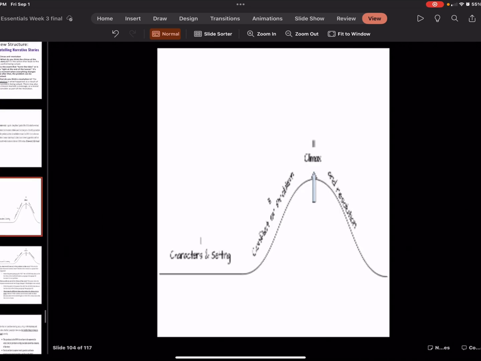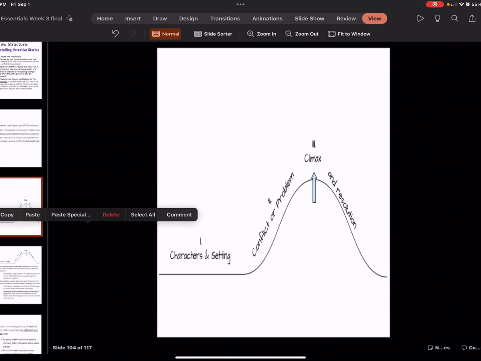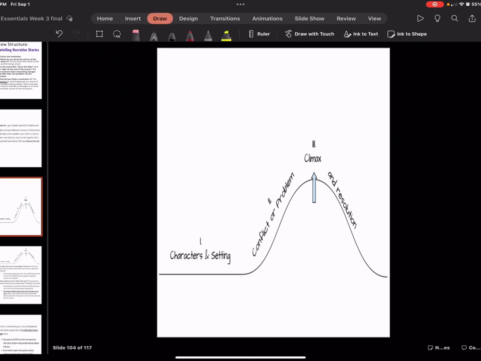Okay, so let's look at this real quick. This would be our visual for a storyline hill. We can see here that we have the characters and setting. Nothing's really exciting here, right?